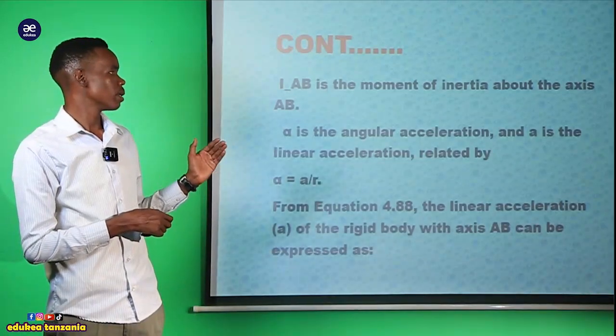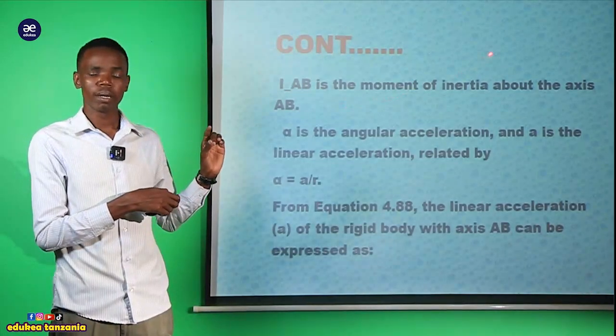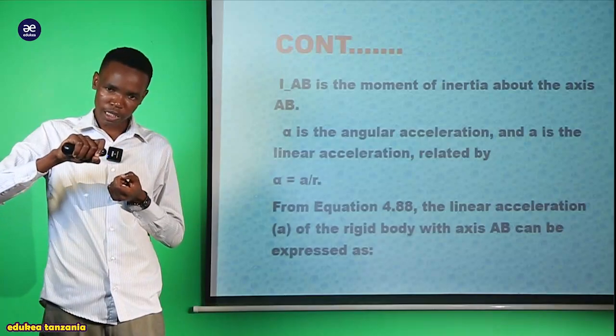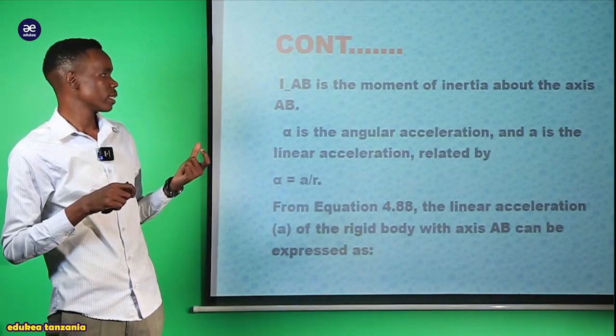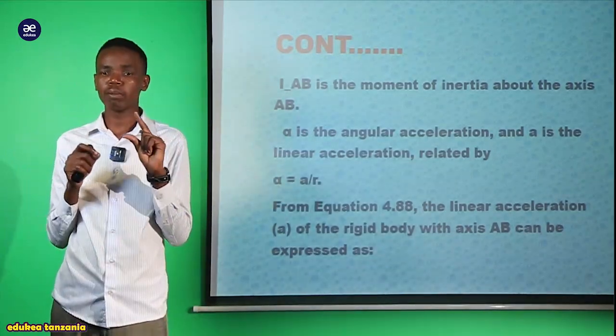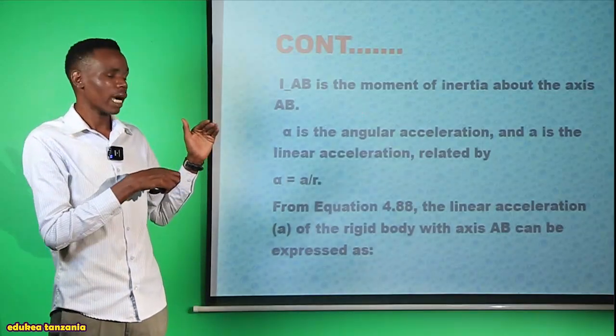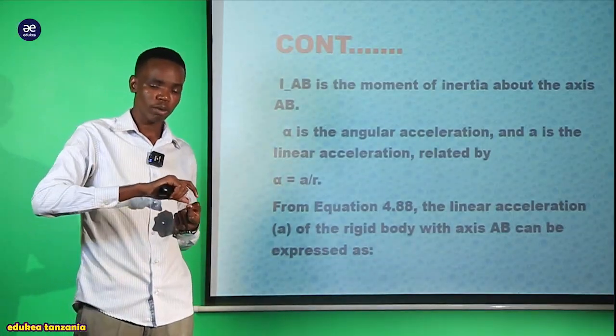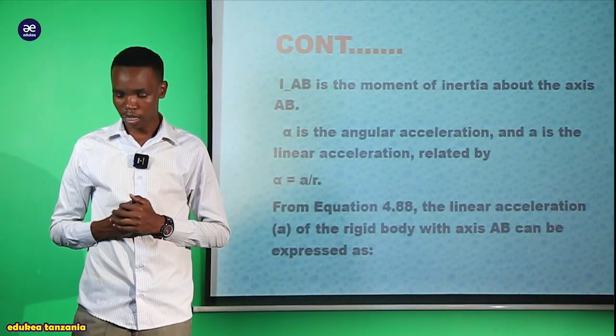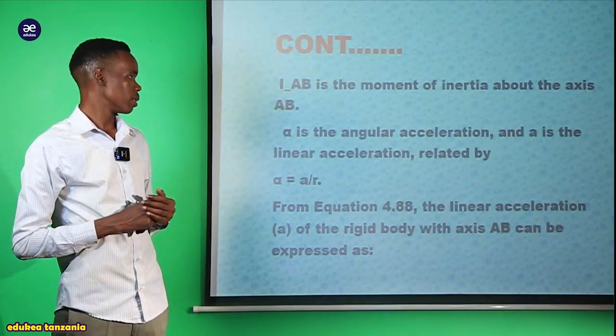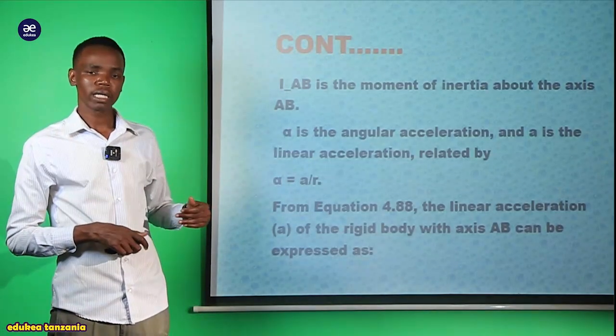But I_AB, the moment of inertia with respect to AB, can be called the moment of inertia about the axis AB.